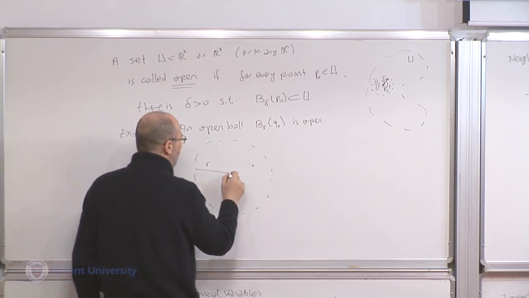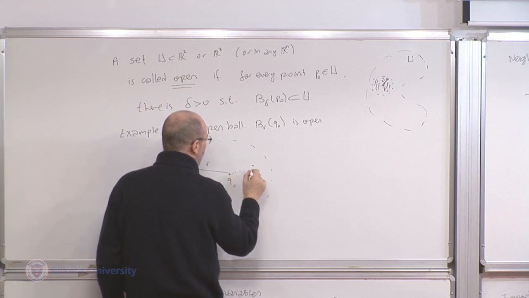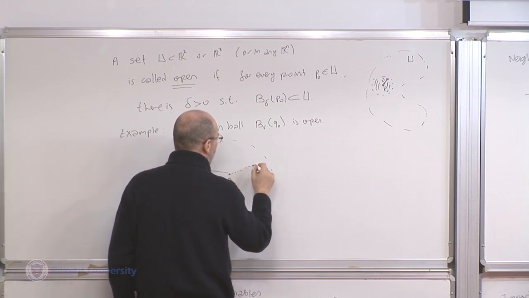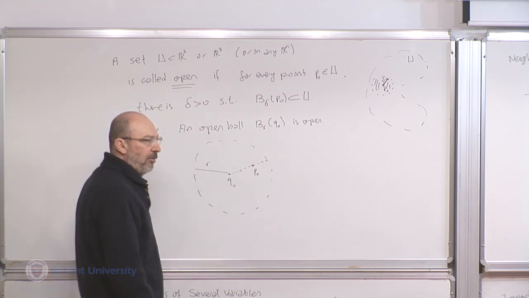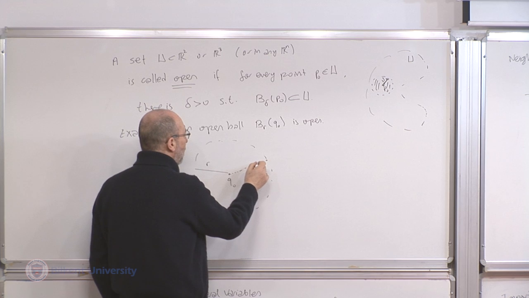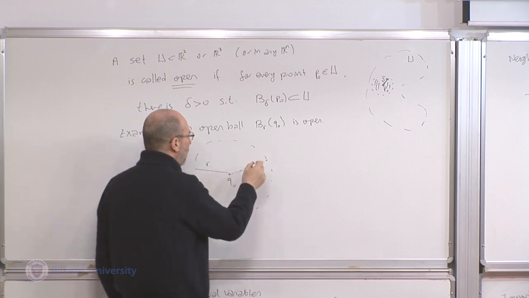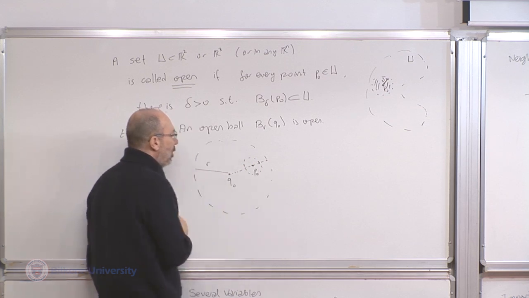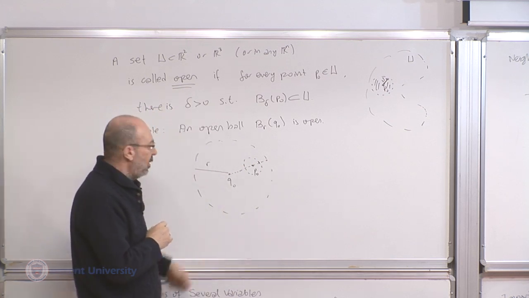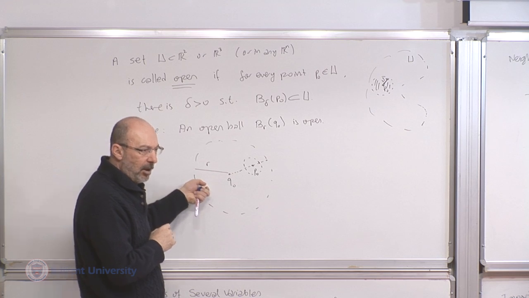So what you are doing is you join it to the origin. So this is my P sub 0. You join it to the origin, you go up to the circumference. Then take half of this as delta. Then you see that I have this ball. This ball now totally lies inside the big ball.